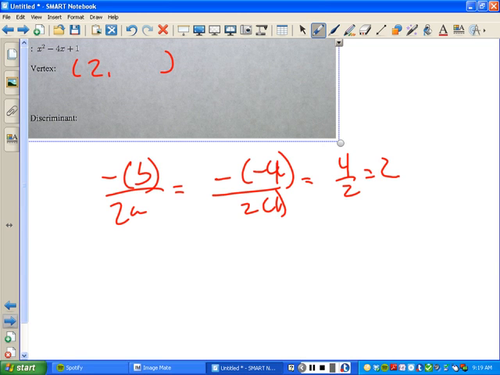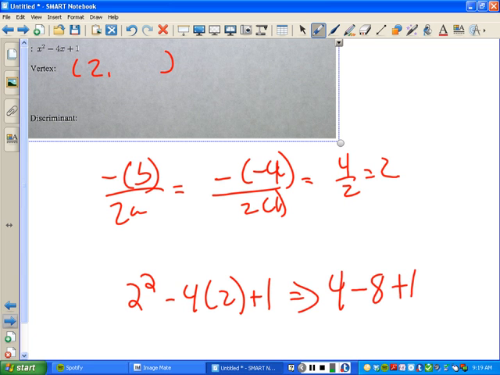What's the y coordinate? 2 squared minus 4 times 2 plus 1. 2 squared is 4, minus 8, plus 1. Negative 4 plus 1 is negative 3. Your vertex is (2, negative 3).